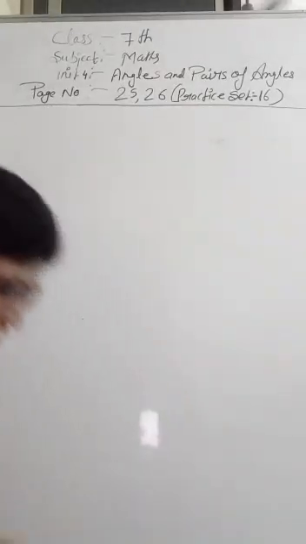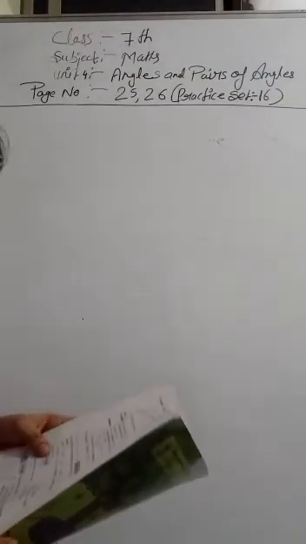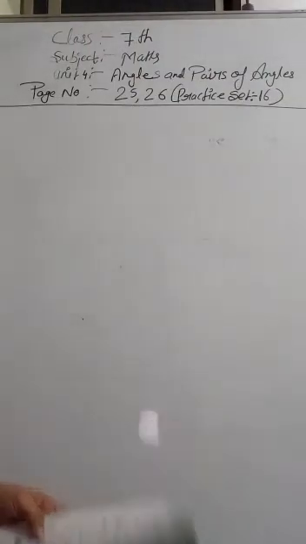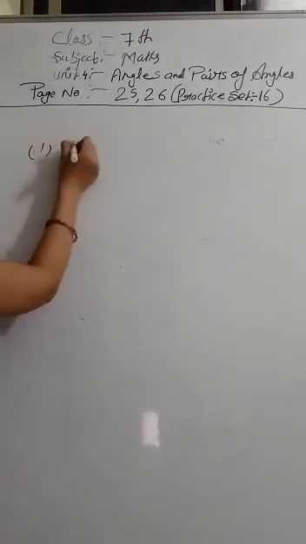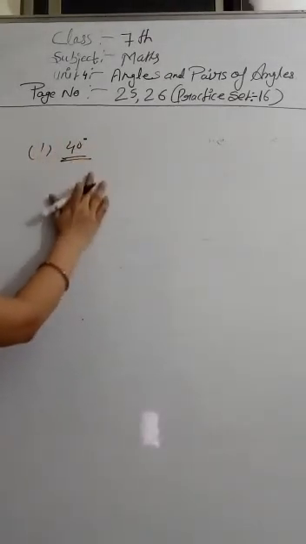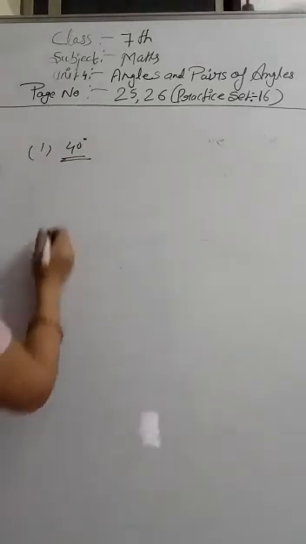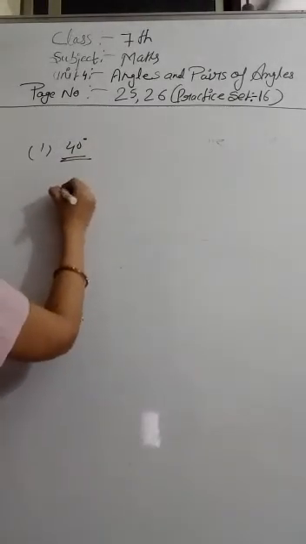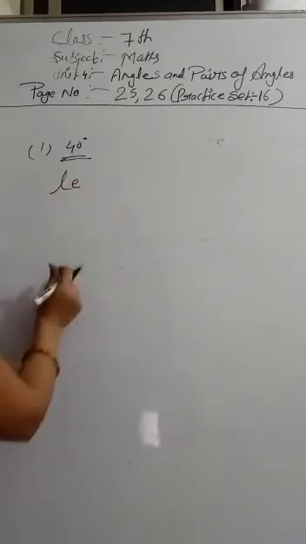So question number 1, you can see here. Question number 1: the measure of some angles are given below. Write the measure of their complementary angle. So first is 40 degree angle. Now let's do this question.